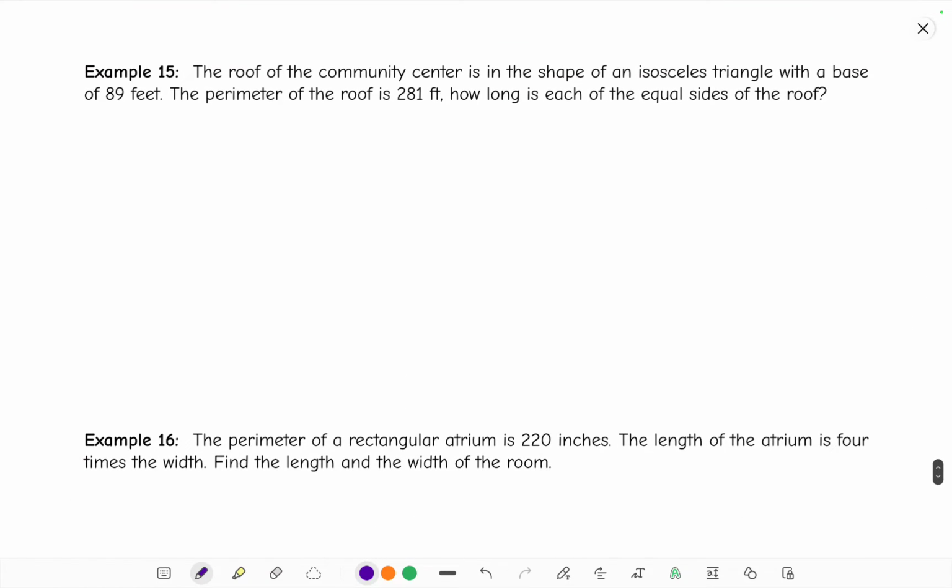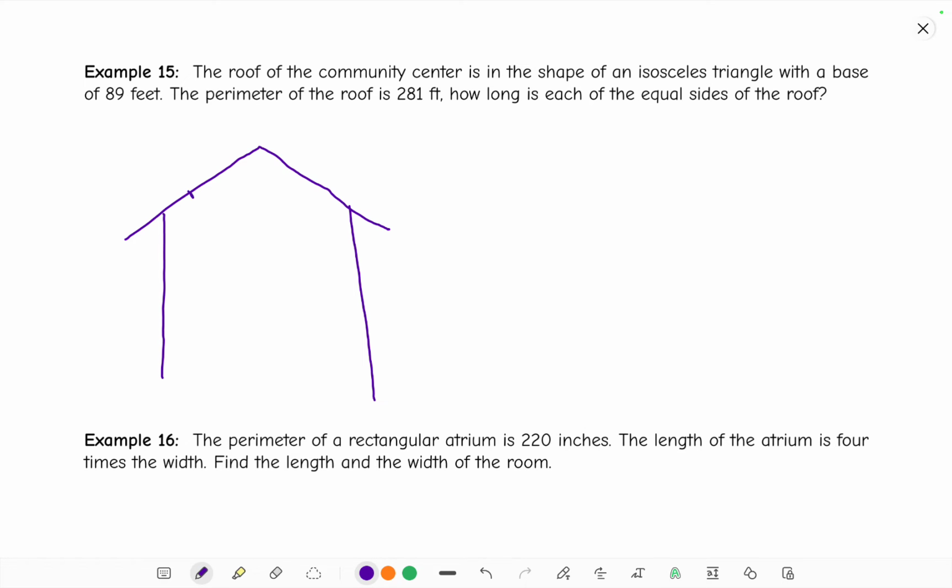Example 15. The roof of a community center is in the shape of an isosceles triangle with a base of 89 feet. So we have a community center with a roof. Let's say that looks like that. Don't mind my drawing.